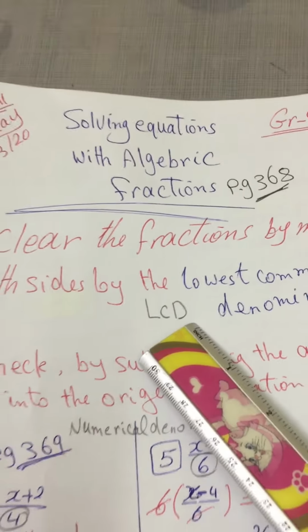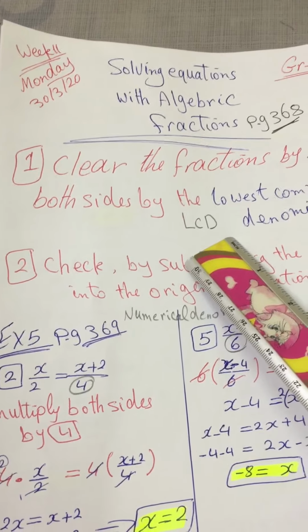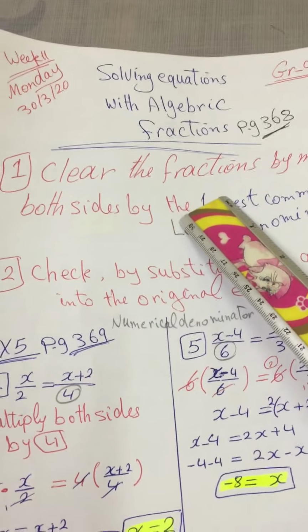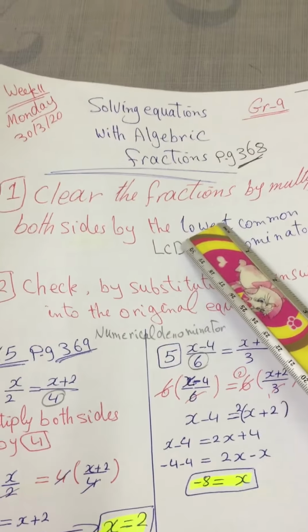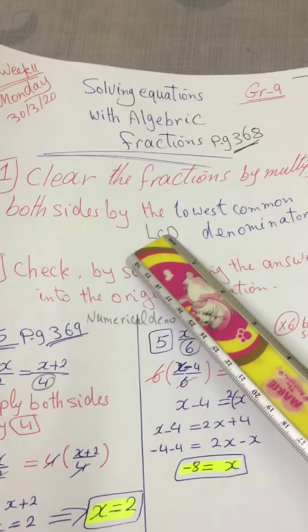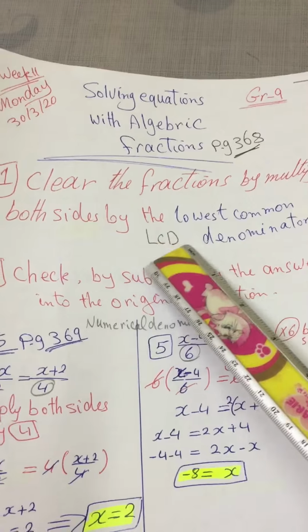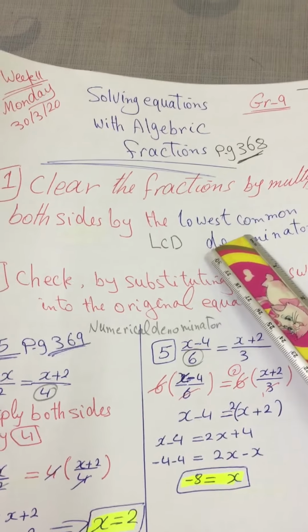So again, the first step to solve an equation with algebraic fractions with numerical denominators is to clear the fraction, by multiplying both sides of the equation by the least common denominator. Okay?